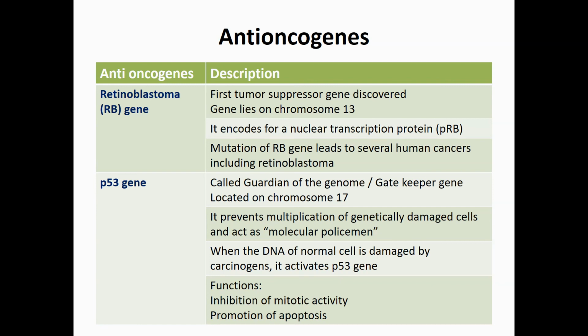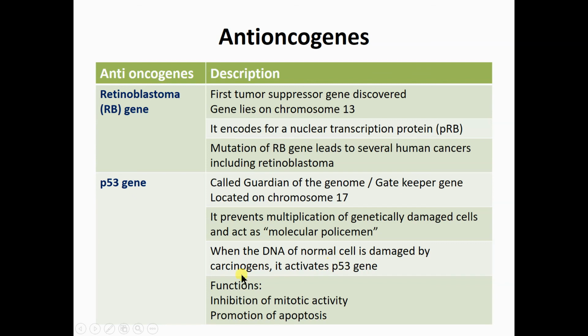This p53 gene prevents the transition of the cell cycle from the S phase to the G2 phase, or it prevents the starting of cell division of that genetically damaged cell. So it is also known as a molecular policeman. It decides whether the cell should enter another cell cycle for cell division or not.